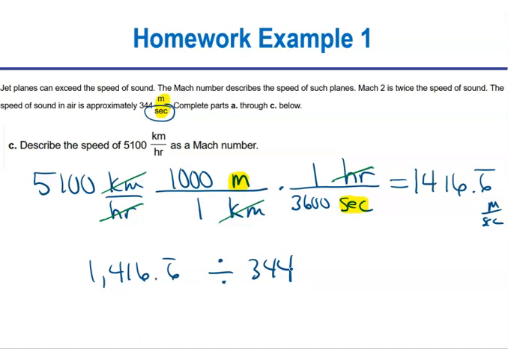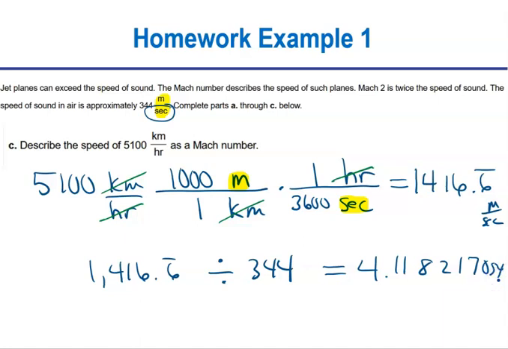It doesn't say Mach 2 meters per second. You know why? Because you're taking meters per second and dividing it by meters per second. Mach has no units. Interesting, isn't it? So I'm going to, again, put this whole decimal 1416.6 repeating all the way down the line, divided by 344, and I get 4.118217054.